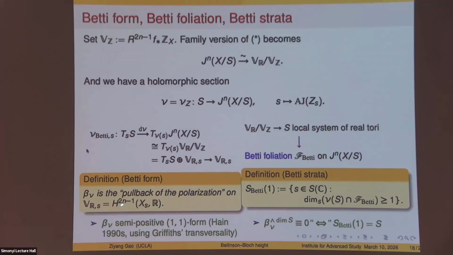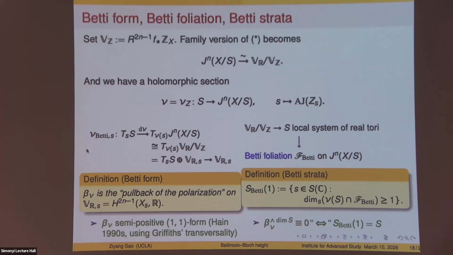The thing is, if we talk about this one, it can be put back to the tangent space of S. It can also be pulled back to the tangent space here. If we pull it back to the tangent space of the whole relative intermediate Jacobian, then we have some alternating sum, of positive things, negative things, and so on.